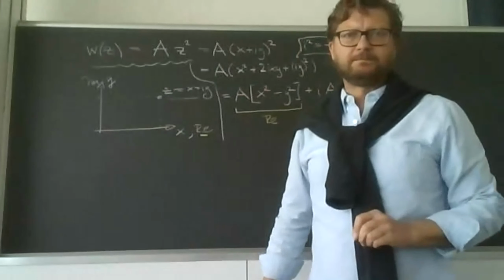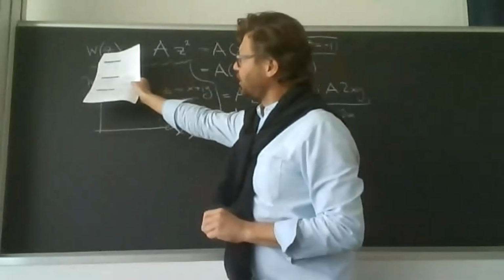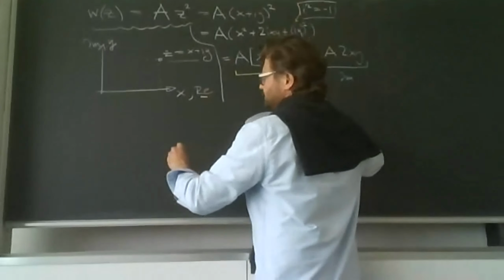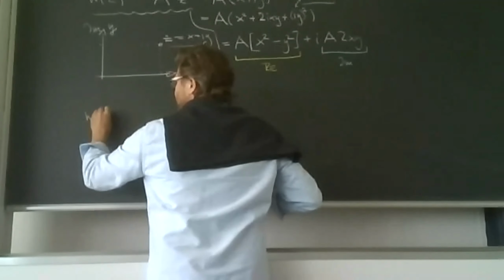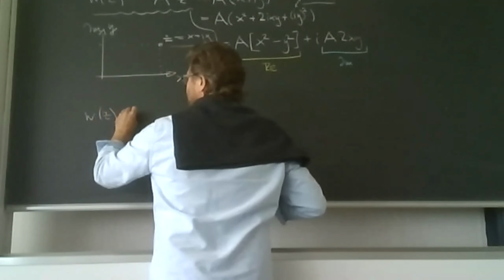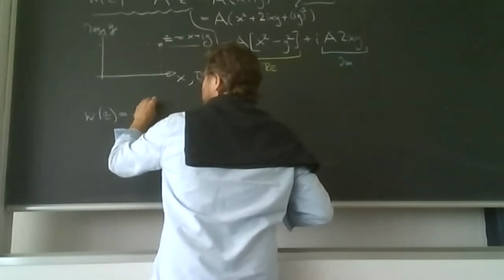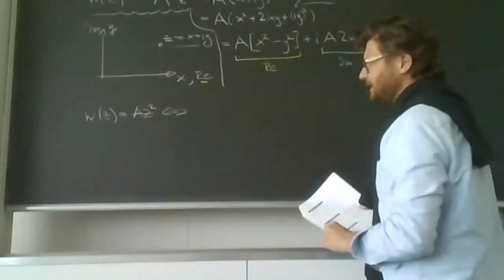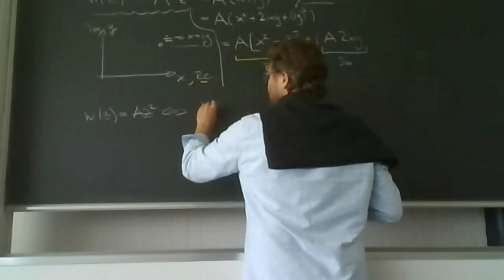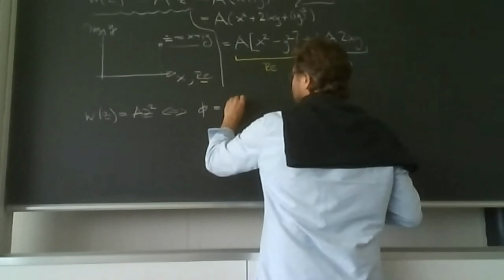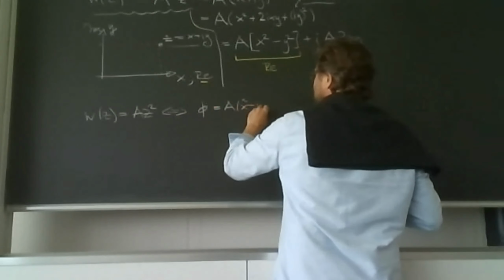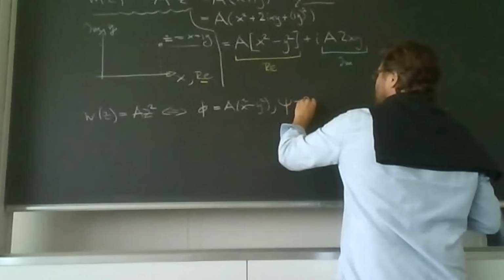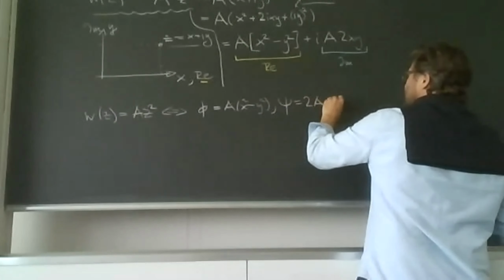So it tells us that this simple complex potential A times Z squared, you write it down again here, A times Z squared corresponds identically to the potential A times (x squared minus y squared) and the stream function 2A xy.